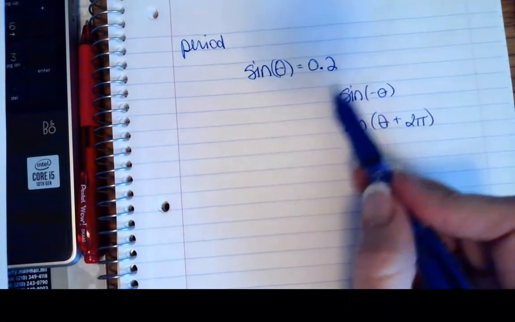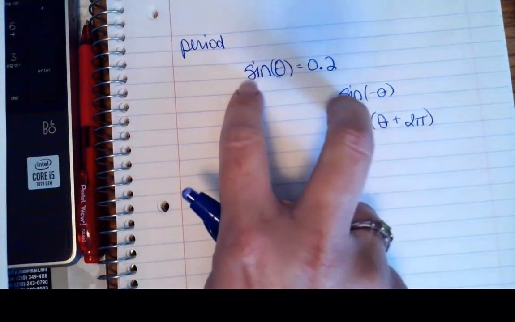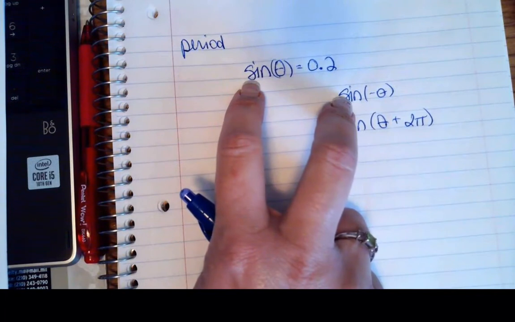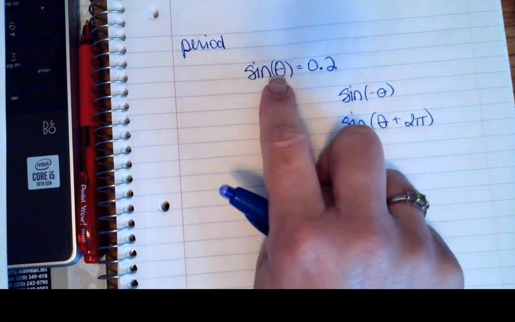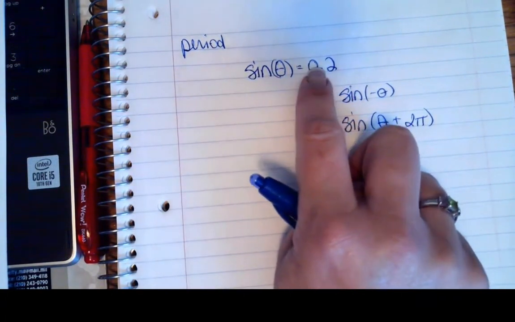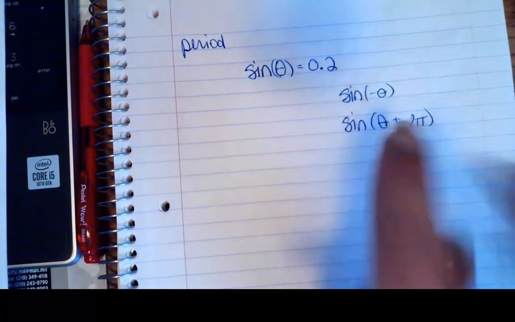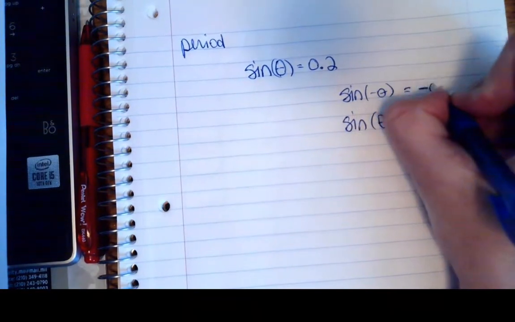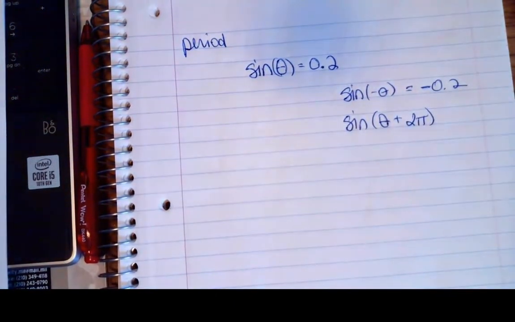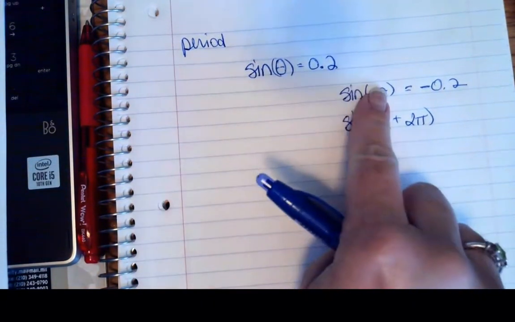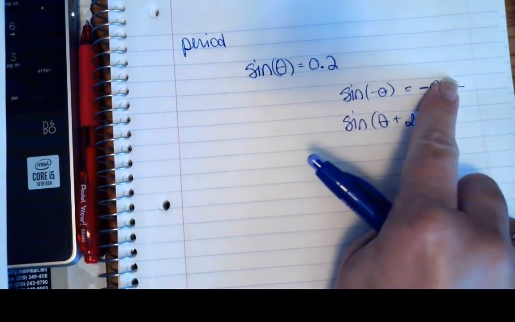So using even and odd properties, I know that sine is an odd function. So if a positive angle measure gave me a positive ratio, then a negative angle measure will give me a negative ratio. So for an odd function, if you change the sign, you got to change it on both places.